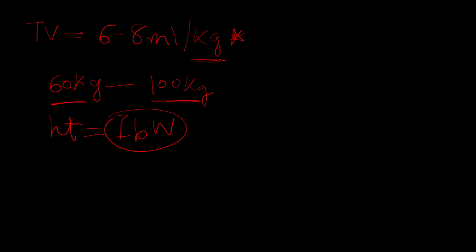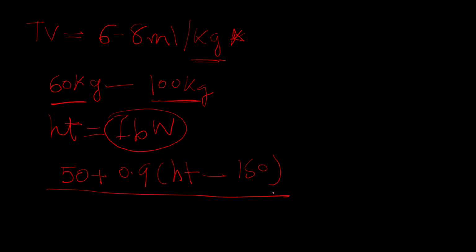So always take into consideration the height of the patient, and there are formulas: for male, 50 plus 0.9 times height in centimeter of the patient minus 150 is the ideal body weight for that height of the patient, and then with that you calculate the tidal volume. So this is a very important point in setting the tidal volume as per the ideal body weight as per the height.